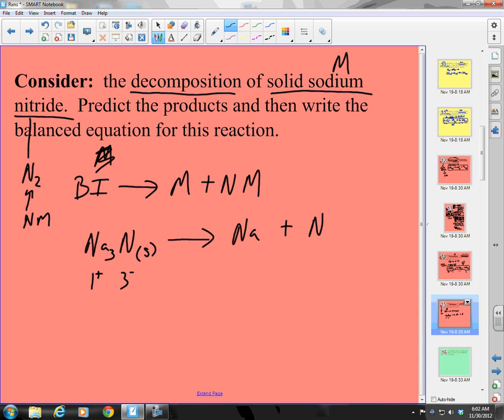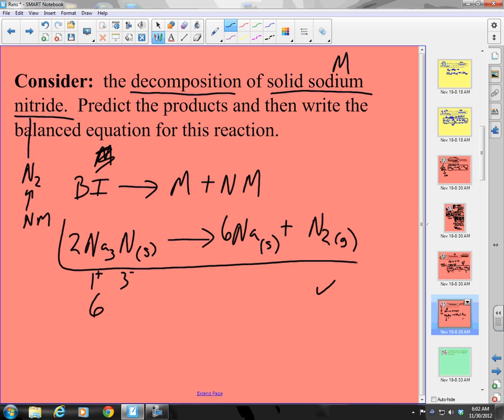And remember, nitrogen is diatomic, sodium is solid. We need to balance this. I have 2 nitrogens here, so 1 over here, I need a 2 here. Now I have 6 sodium, so I need a 6 here. So that would be our equation.